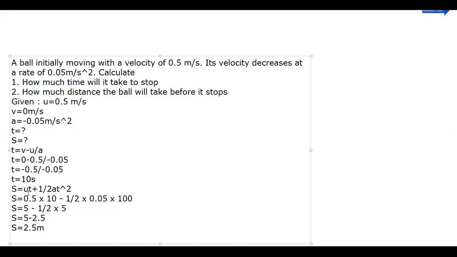Just be very careful that when you are using s is equal to ut plus half at square, the sign has to be negative because it's retarding. Otherwise, if you use plus here, your answer will come 7.5 meters. But it's not 7.5 meters, it is just 2.5 meters.